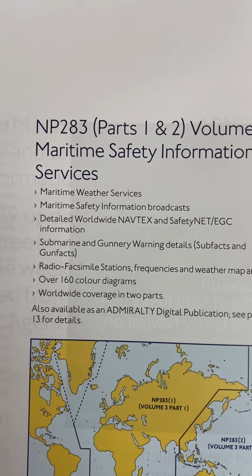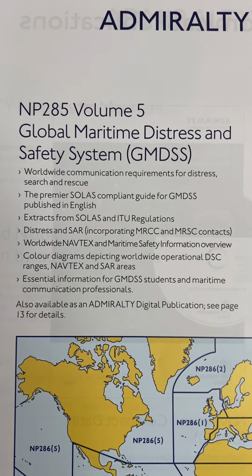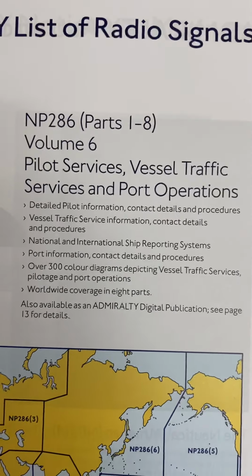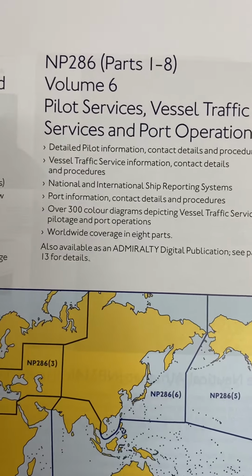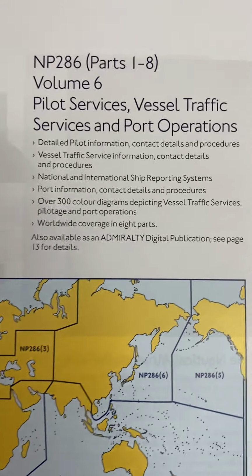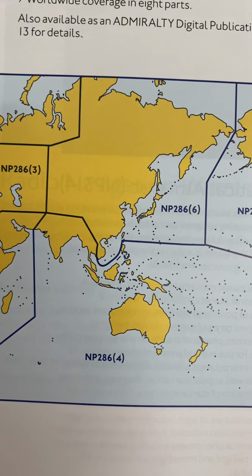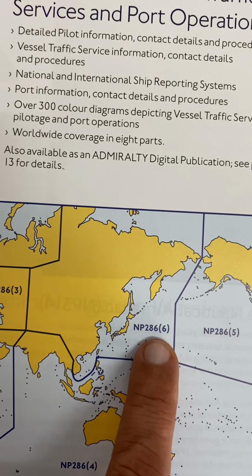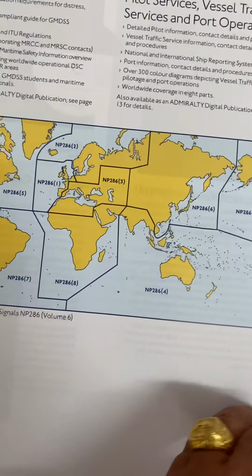NP283 Part 1 and 2 Maritime Safety, and then NP285 which we commonly use on board the vessel for the GMDSS, and the most widely used is the NP286 Part 1 to 8, because you have here the pilot service, vessel traffic service, and port operation. You have the detailed pilot information from this publication. So this is how you will get from this chart. You see the area. Again, for the Philippines, you need NP286 volume 4. So if you like to go to Japan, you need to get NP286 Volume 6. So it's very easy, very clear. Just go to this chart.